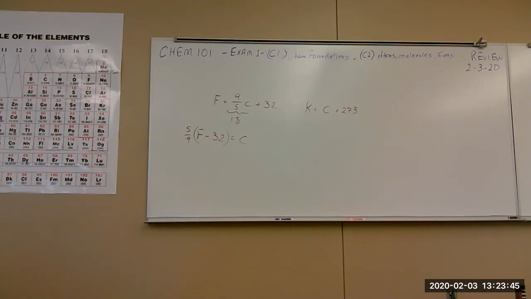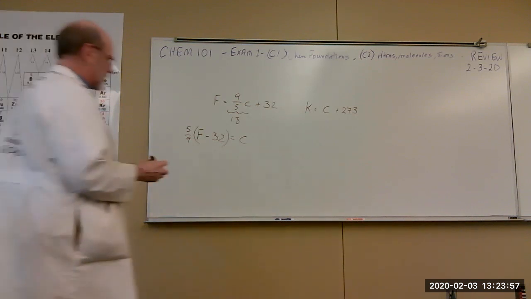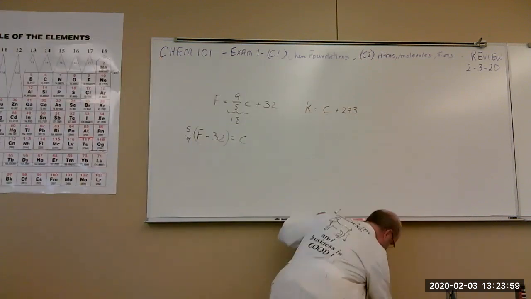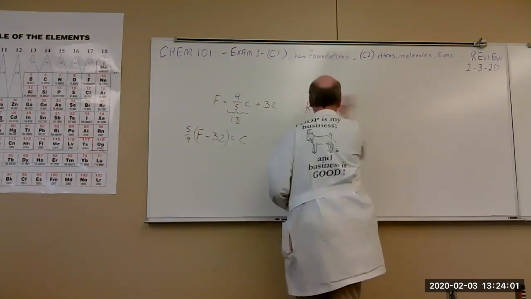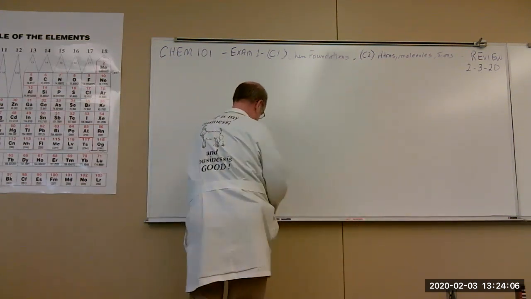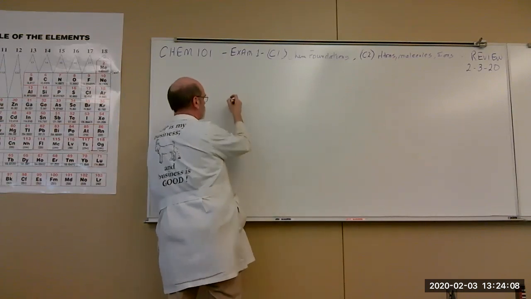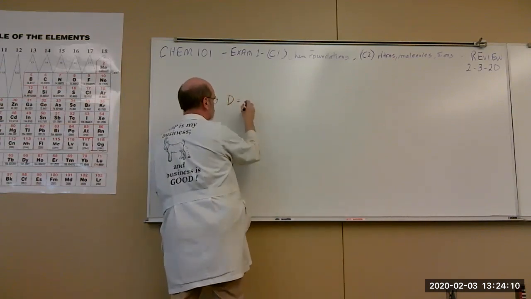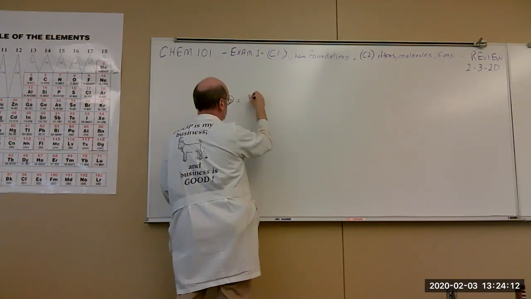Yeah. Let's see, what else? We mentioned density, right? Everybody knows what density means. When you calculate density, how much of something is in the thing? Right, what is the mass of a specific volume?